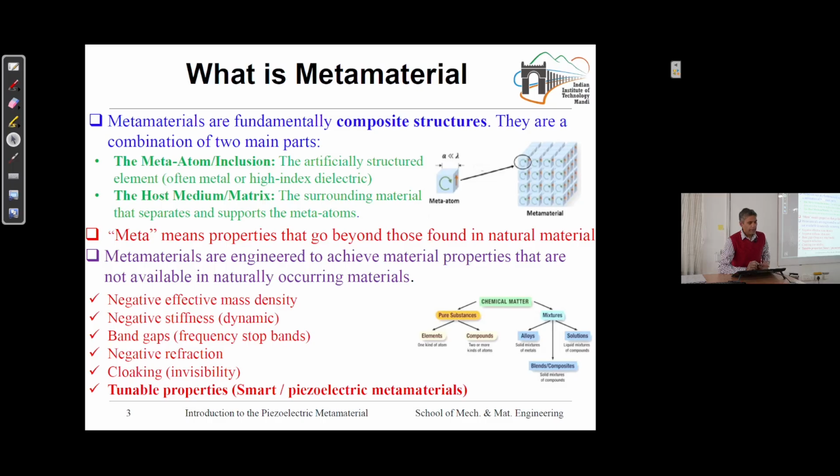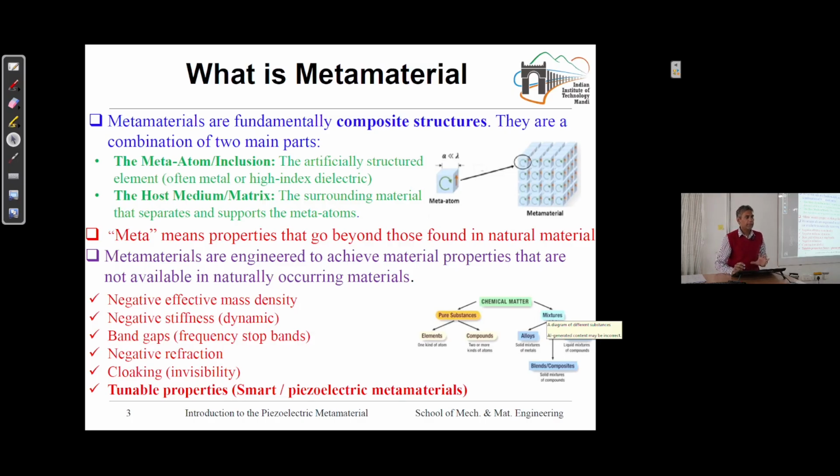The natural materials, as you are already aware, are pure substances and mixtures, and of course these have different classifications. As engineers, we are already aware of these different materials. These so-called natural materials have properties based on their chemical constituents.